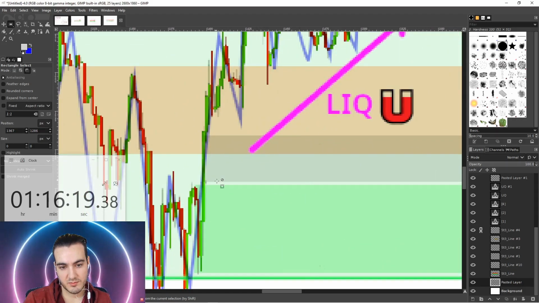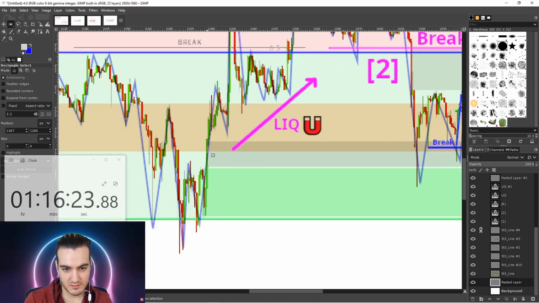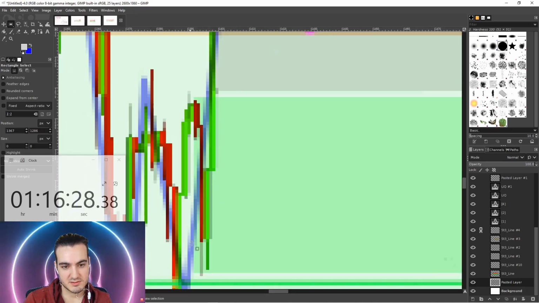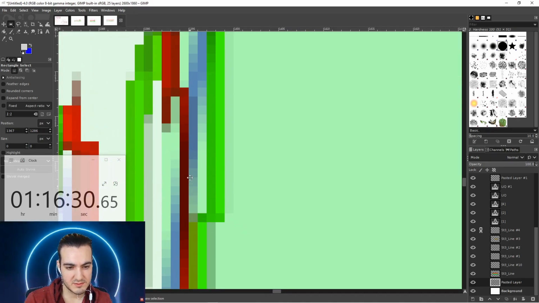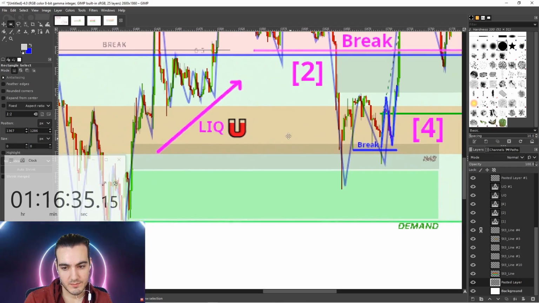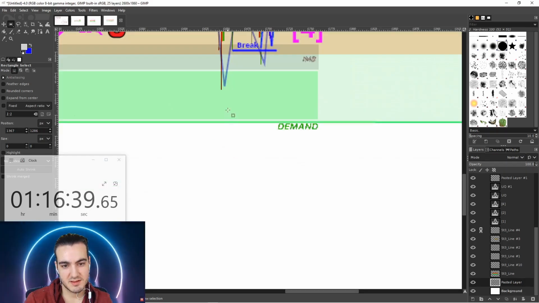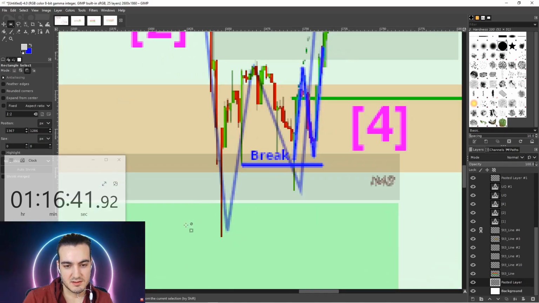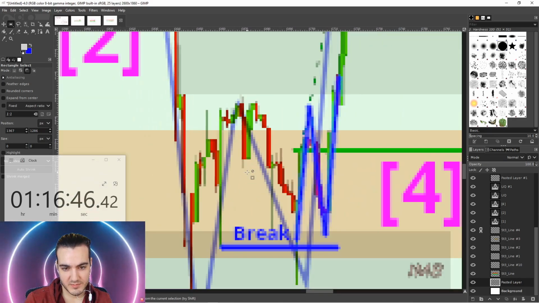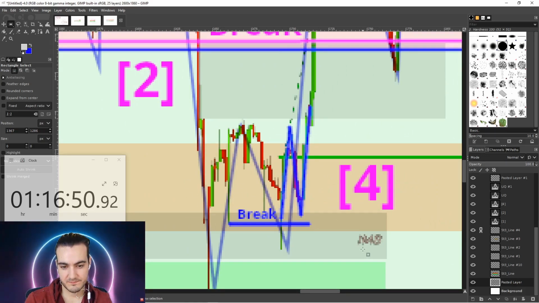We have an imbalance drawn from over here in the initial movement up, and then this would be the demand order block formed from, I think, this red candle. So we have price come down all the way through the imbalance into that demand zone, and then this is, like I mentioned before, the golden fib area.